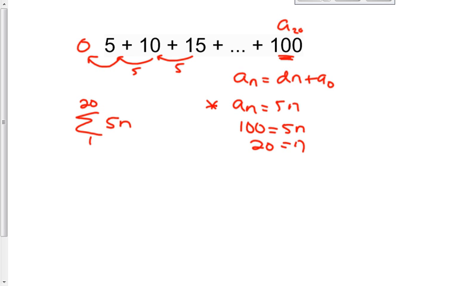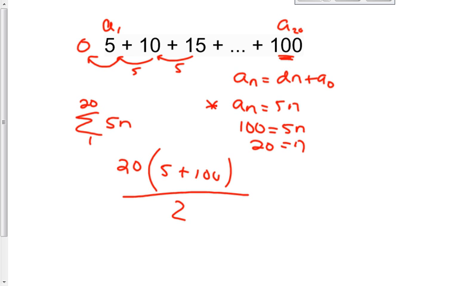There's my sigma notation, and now I can find the actual sum. 20 terms, the value of the first term plus the value of the last term. First term, a sub 1, last term, a sub 20, 5 plus 100, and the whole thing divides by 2.